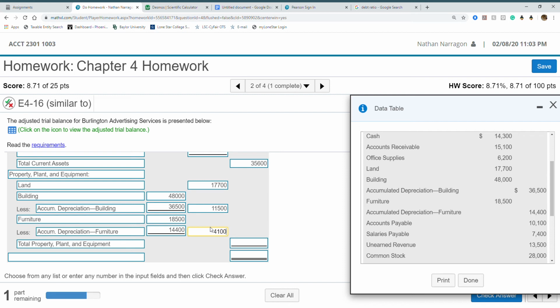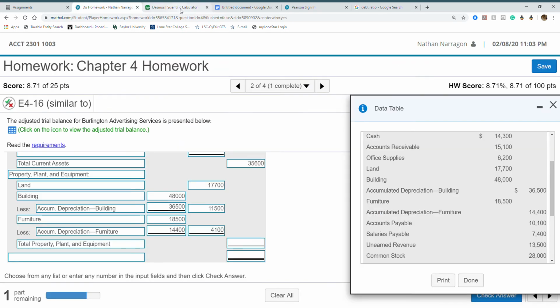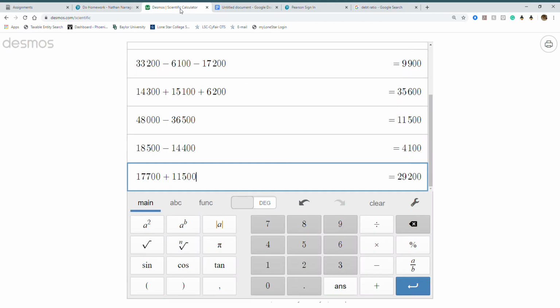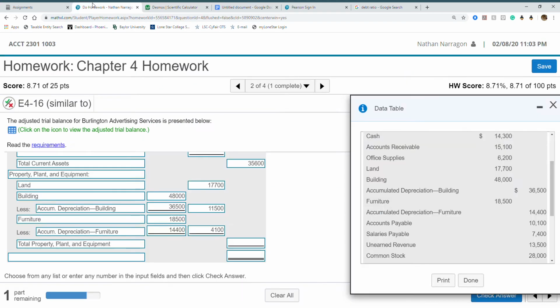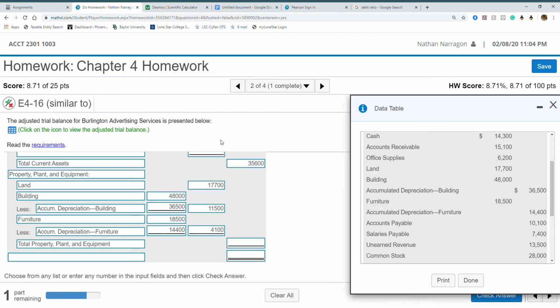Whoops. Okay, now all we have to do is add all of our fixed assets together after depreciation. So we have 17,700 plus 11,500, then 4,100. And we're left with 33,300.